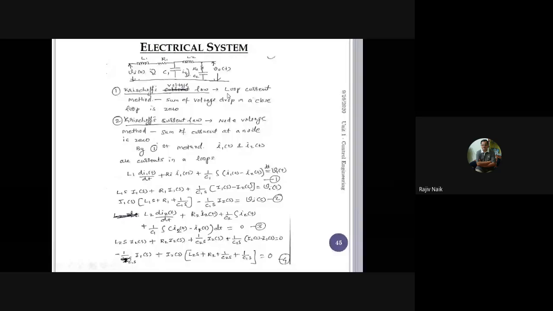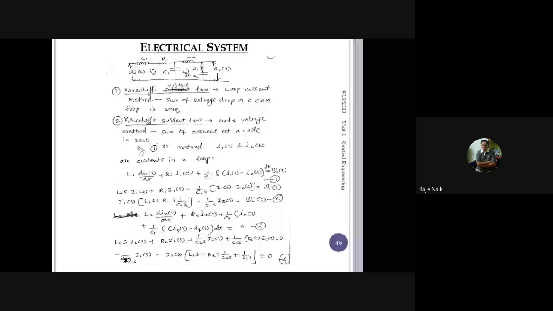Kirchhoff's voltage law states that the sum of voltage drops in a closed loop is zero. Loop means the one which starts from one point, moves, and comes back to the same point. This is called a closed loop.